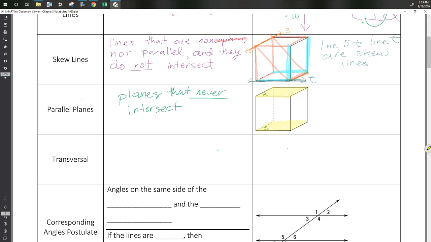You'll notice that plane R and plane S are not going to intersect because they're at those opposite sides of the cube, so they are parallel to each other. So we would say that plane R and plane S are parallel planes.